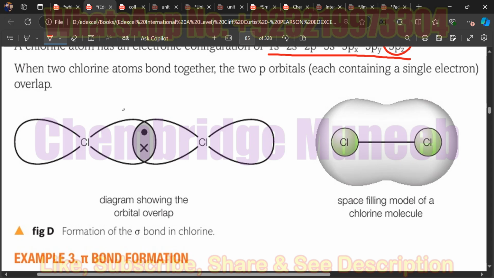But why is the p orbital shown here instead of spheres? Why are they not showing spheres like this?